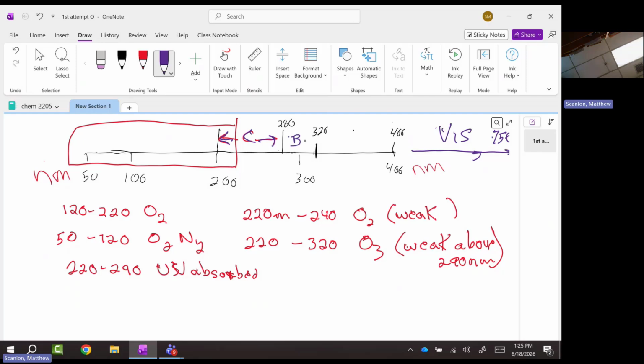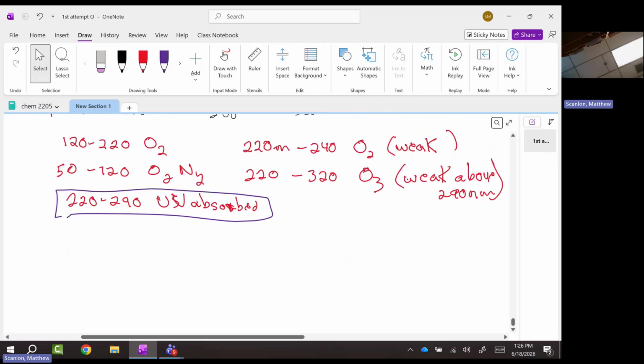UVB is in this range, and UVA is in this range here. So we've essentially got most of the UV from 220 to 290. So this is good. We've gotten rid of all our UVA and a lot of the B on it.